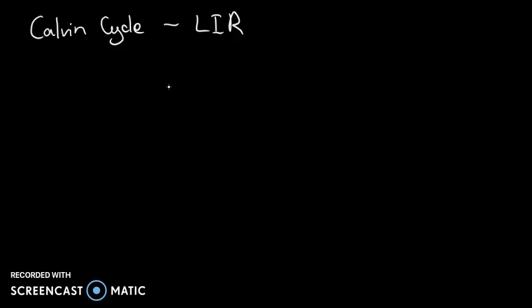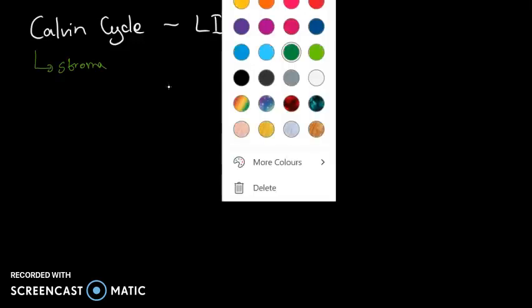The Calvin cycle occurs in the part of the chloroplast called the stroma. The stroma is basically the part of the chloroplast where you have the outer membrane, the inner membrane, and the thylakoids, and it's the fluid-filled component of the chloroplast. The Calvin cycle has some major enzymes, and the most important one is called Rubisco.